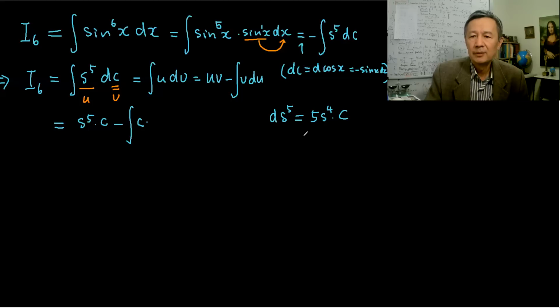So basically what this short notation represents is sine x to the power 4 times cosine x, okay?